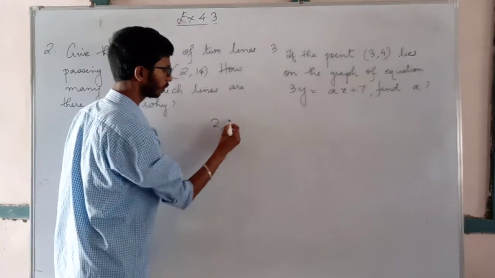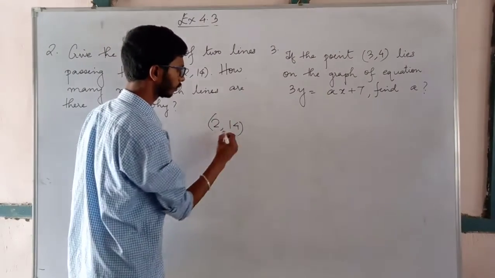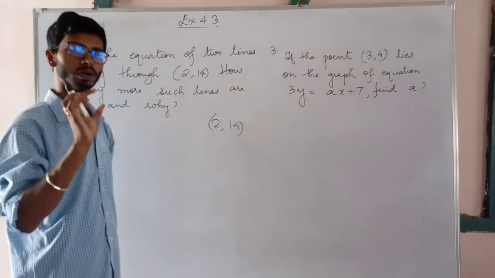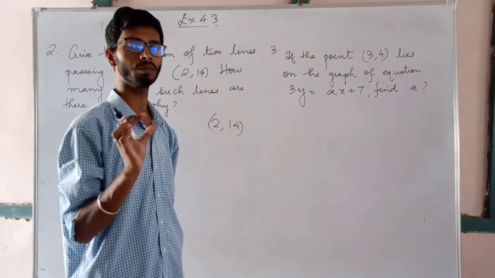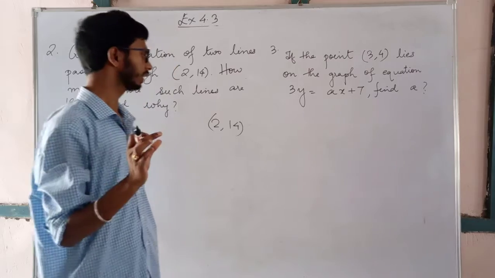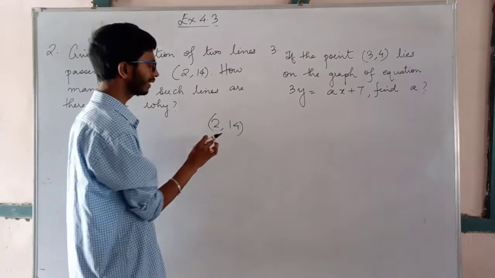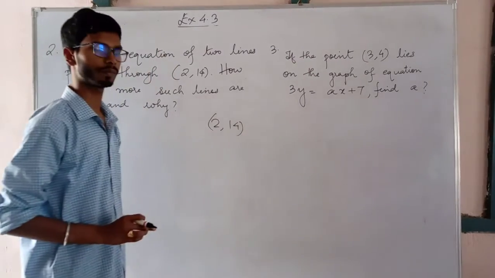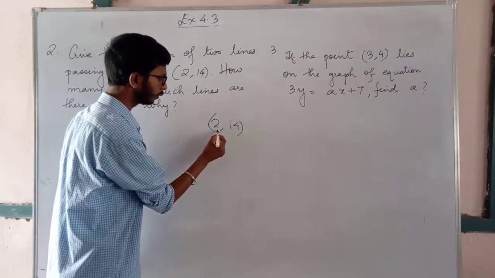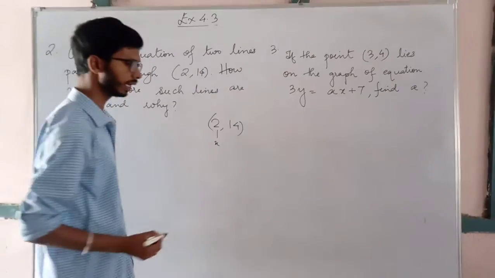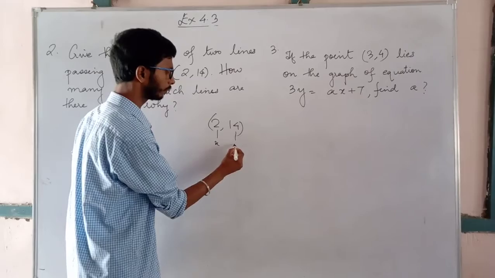So (2, 14). The question is, we have to make two linear equations such that they pass through this point (2, 14). Suppose we take this 2 as x and this 14 as y.